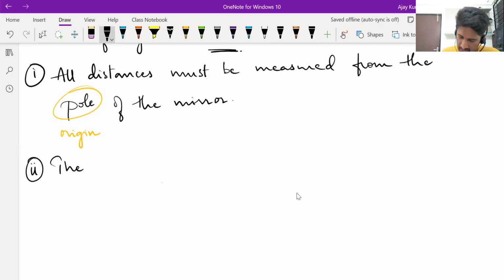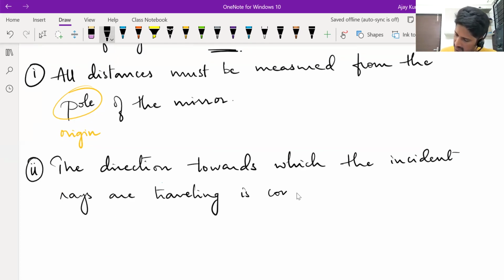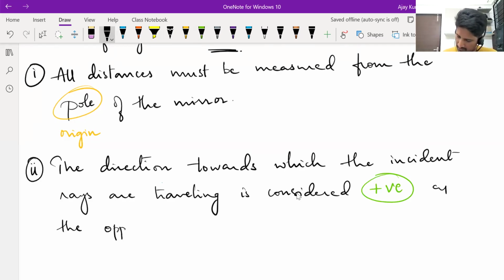The direction towards which the incident rays are traveling is considered positive. And automatically the opposite direction is considered negative.